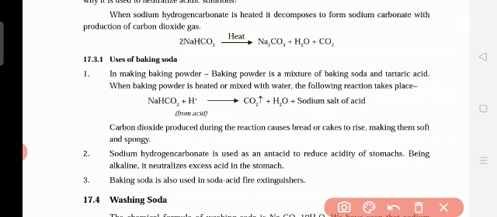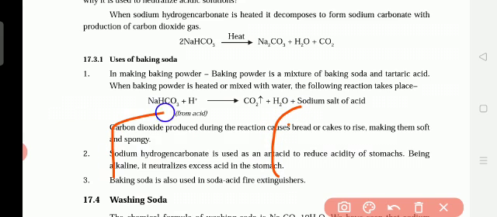Before baking the cake, meaning before heating, all the materials are mixed. Before that, the cake is not soft. Why does it become soft? When we add baking powder to the cake materials. After heating, what happens? The sponge rises up.